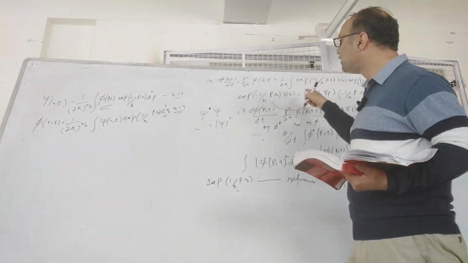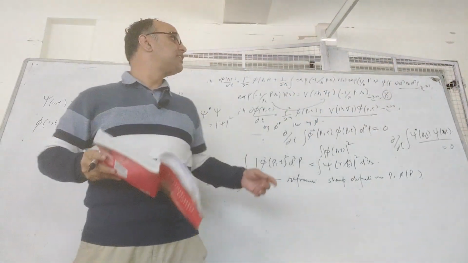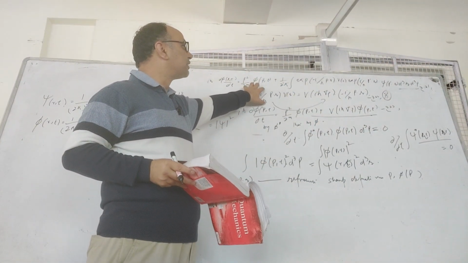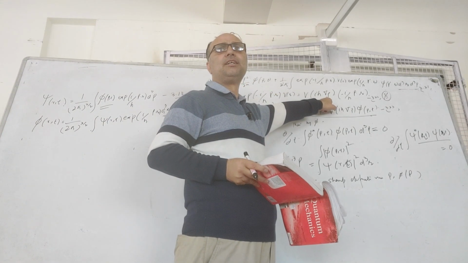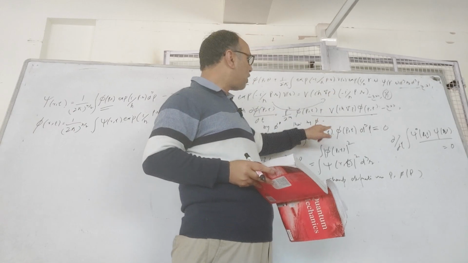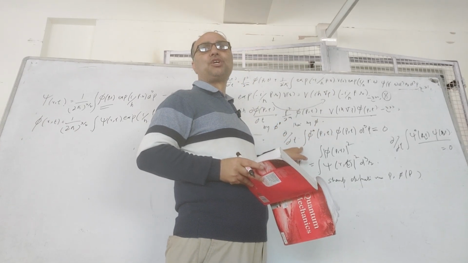So why should we substitute this wave function in terms of यहाँ से del p, in terms of momentum space हमने substitute किया. Then we arrived at the original Schrödinger equation.